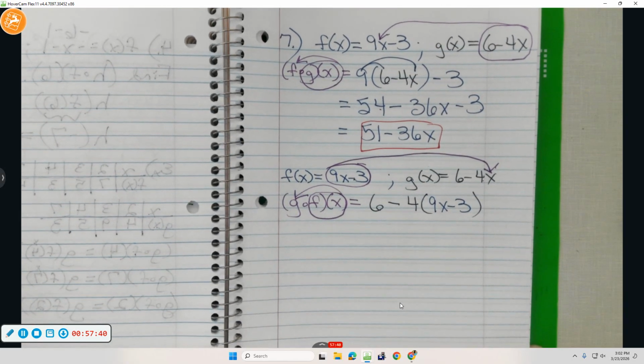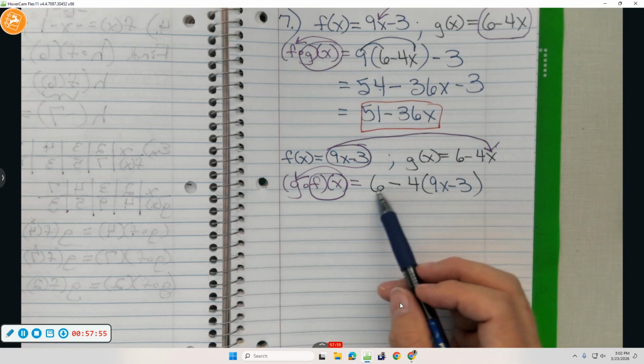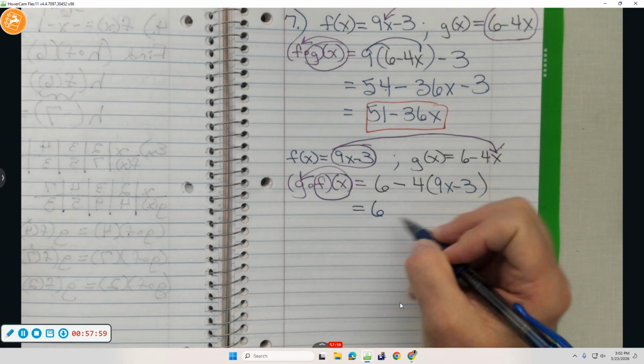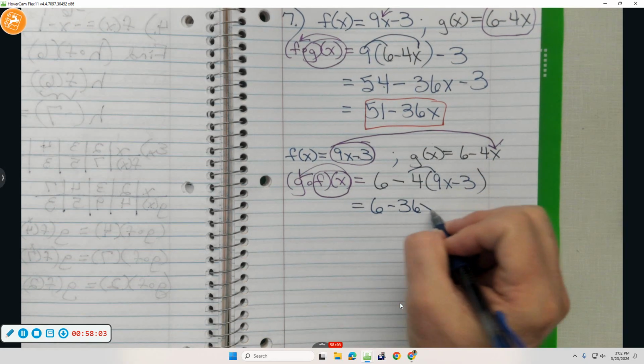Any questions? Can we do anything to reduce? Distribute? What are we going to distribute? Okay, don't subtract and distribute a 2. You distribute the negative 4. Good. So you have a 6 minus 36x.